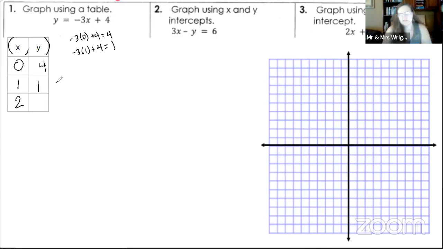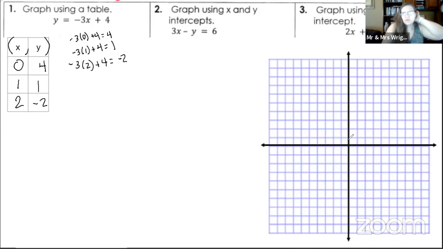And then -3 times 2. I entered -3, open parentheses, 2, close parentheses, plus 4, hit enter. And what I got was -2. So those are my 3 points here.